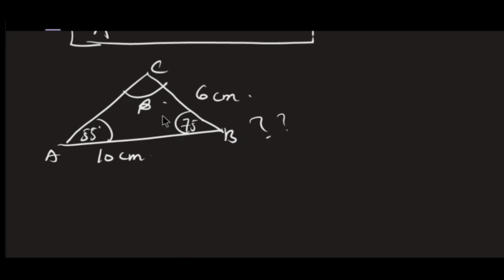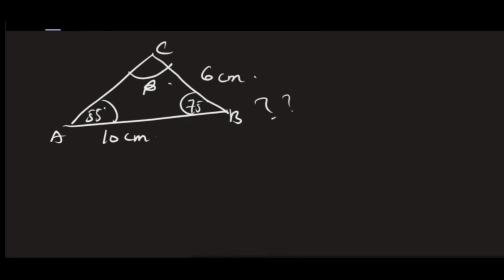You take sine of the angle beta we don't know over the corresponding side, then it should be equal to sine of 55, because we know 6 centimeters. We can't use 75 because we don't know this part. So sine of 55 over 6.